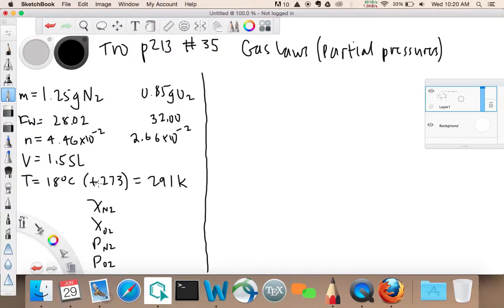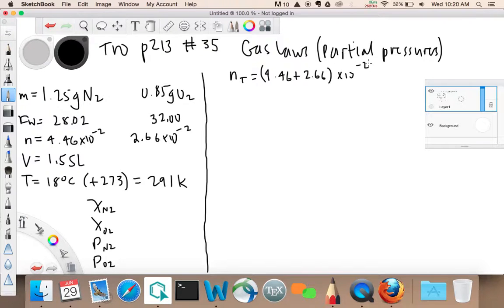All right, and the volume. So what's the N total? N total is equal to the sum of these two. It's 4.46 plus 2.66 times 10 to the minus 2. I do that to make it look cleaner.